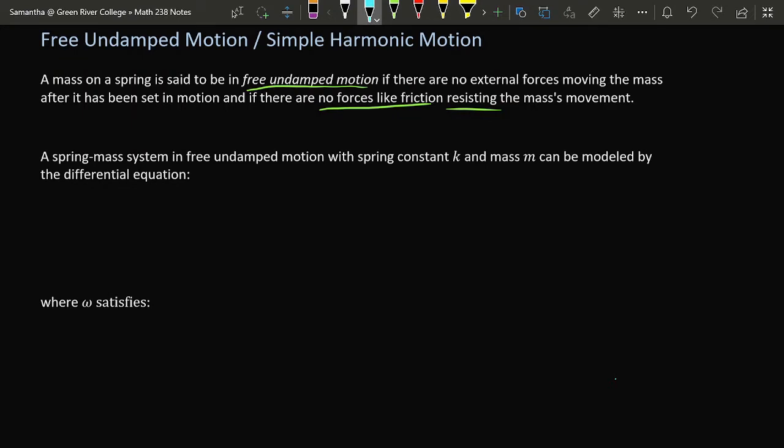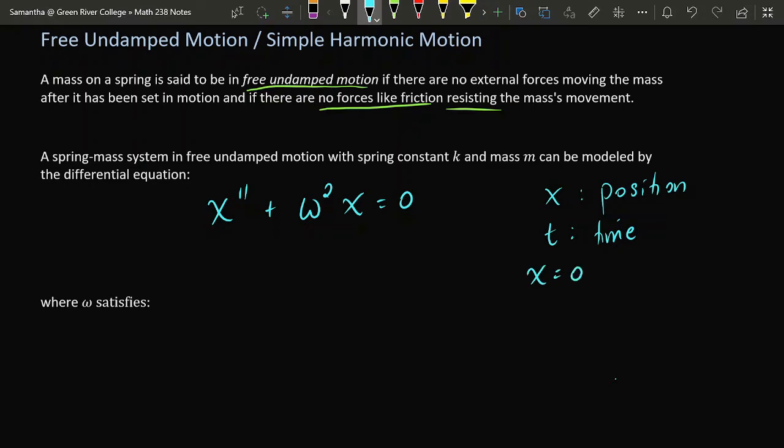It's usually represented by x double prime plus omega squared x equals 0. x is the object's position as measured against time, with the understanding that x equals 0 would be the object's position when it's sort of idly hanging from the spring.